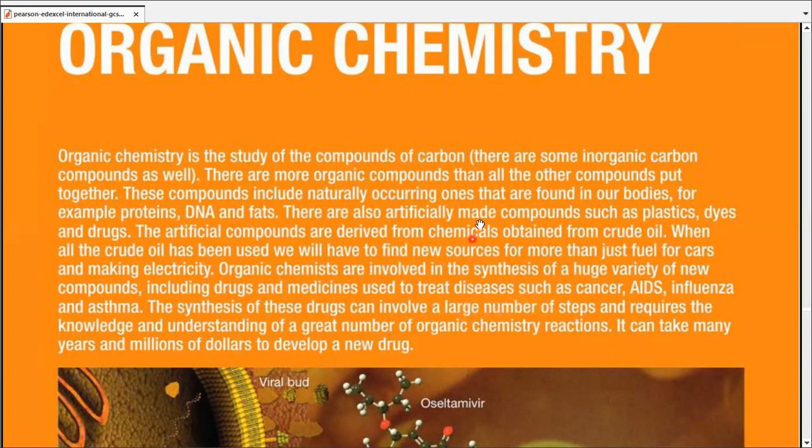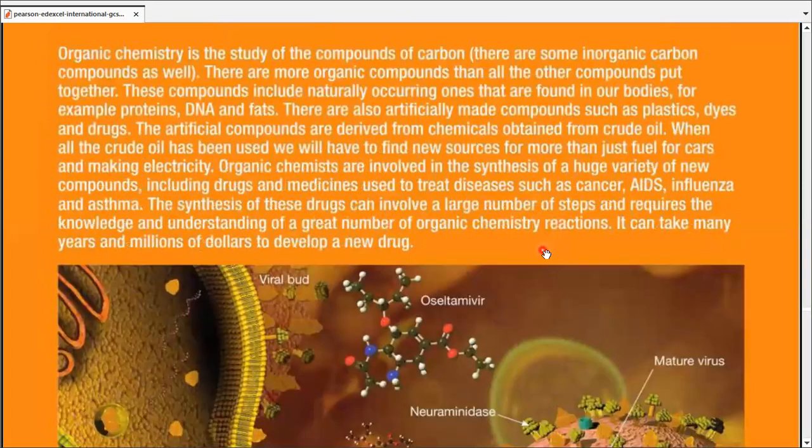They're mostly derived from chemicals obtained from crude oil, as crude oil is not just refined and converted into the oil we use for fuel purposes, but it's more than just fuel for cars and electricity. Organic chemists are involved in synthesis of huge varieties of new compounds.